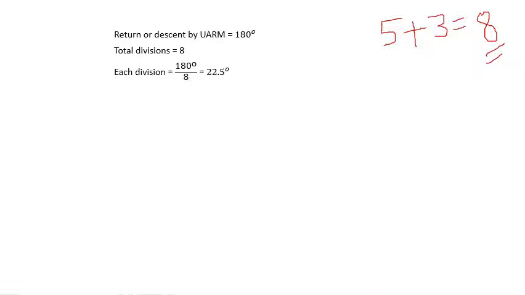Next, out of these 8 divisions, 5 divisions are acceleration, whereas these 3 are retardation.